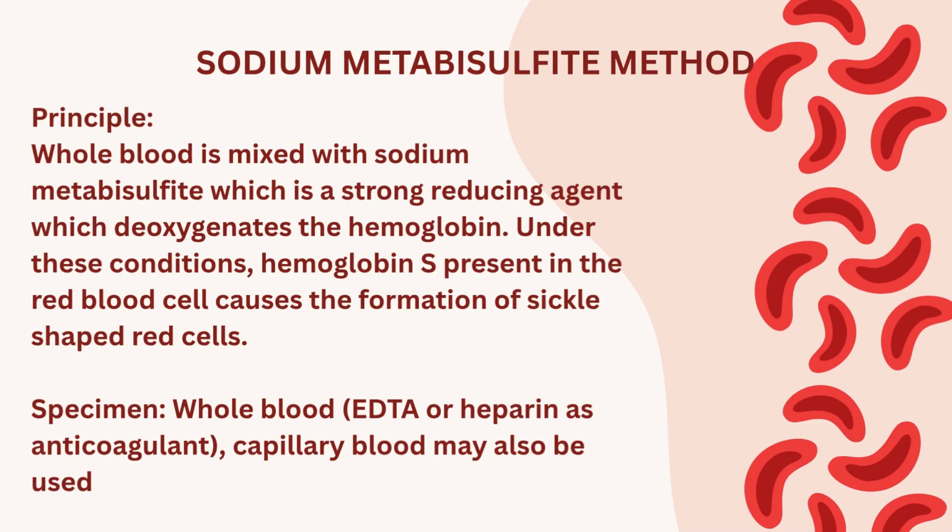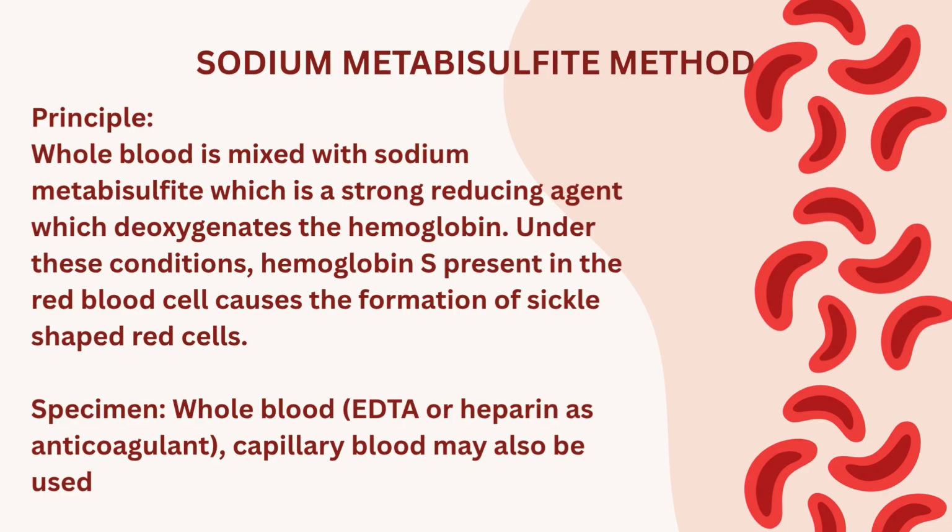Now, another test for sickle cell is the sodium metabisulfite method. Sickle cell anemia or sickle cell trait are caused by hemoglobin S. The principle for this method: whole blood is mixed with sodium metabisulfite, which is a strong reducing agent that deoxygenates the hemoglobin.